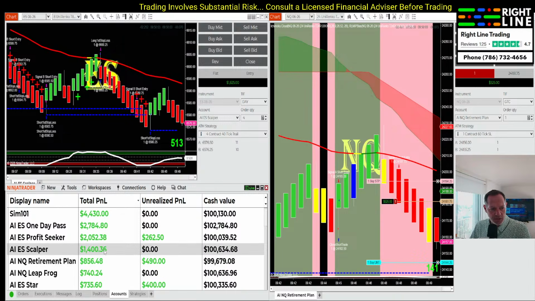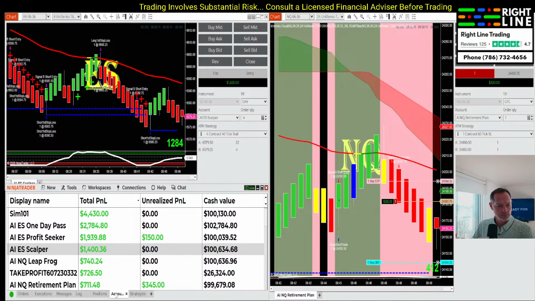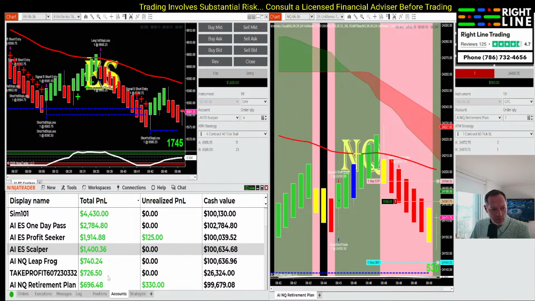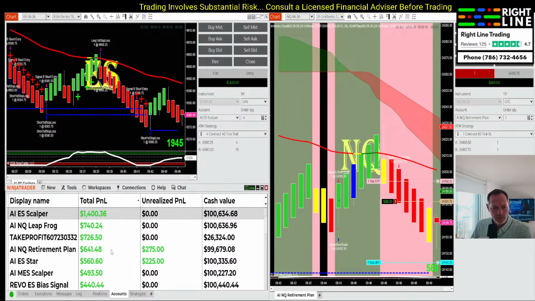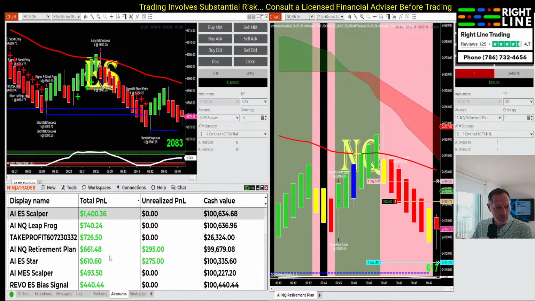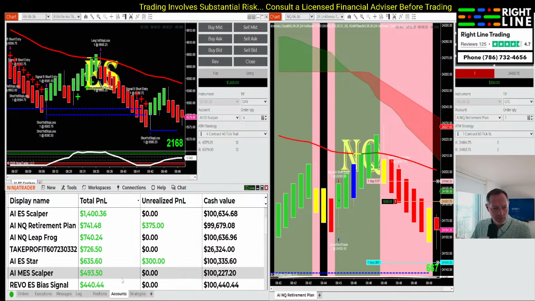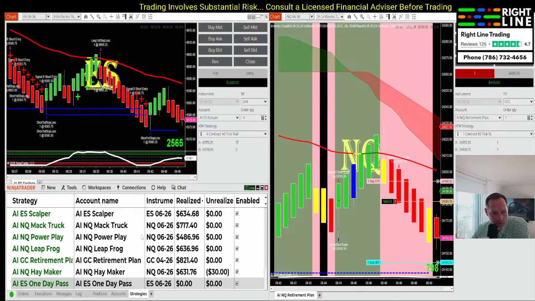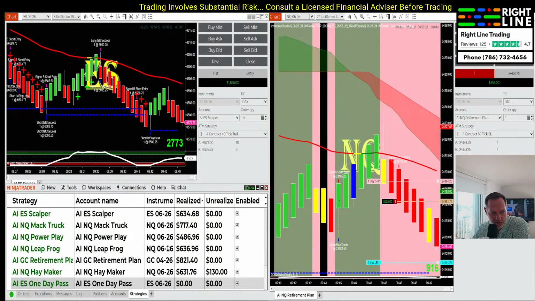ES scalper's up about 1400 here on my PC. So I'm going to use this MES scalper. It's up 500. That's a nice amount for an account. The one that I'm trading, that'll be about perfect.